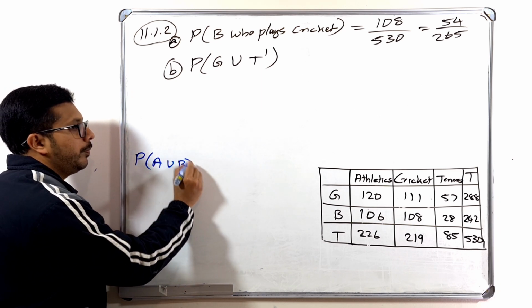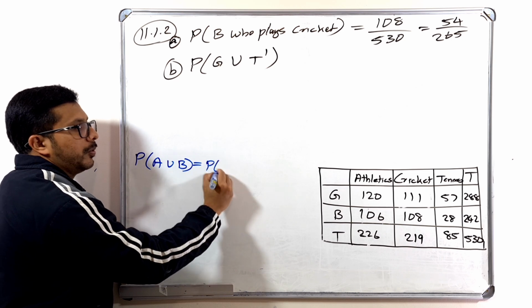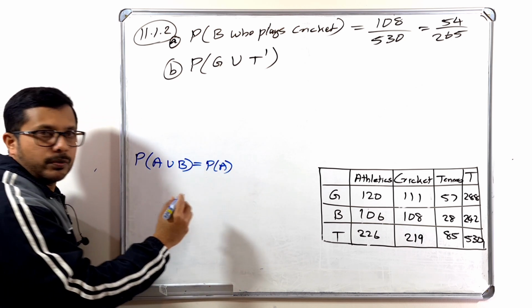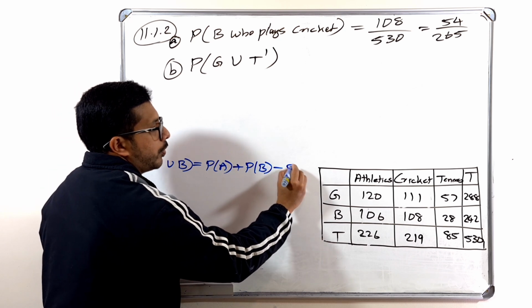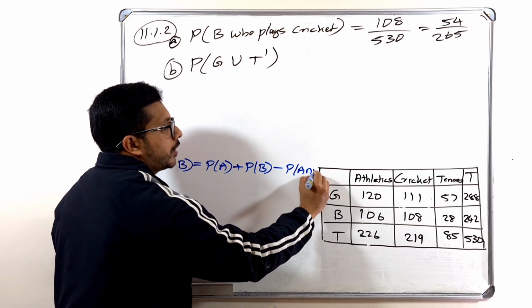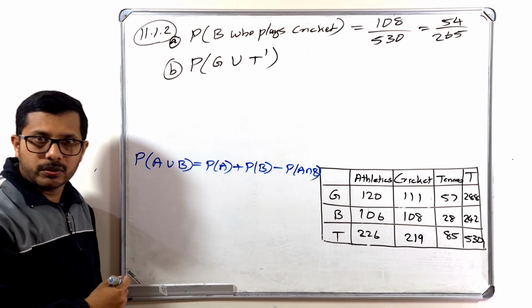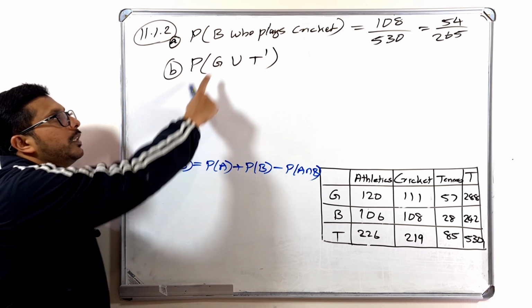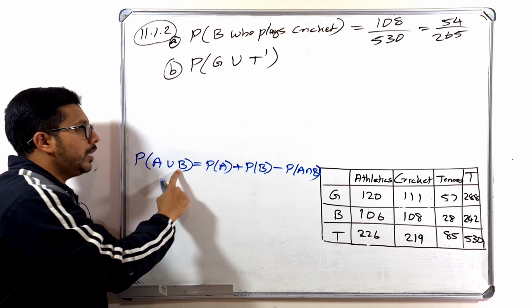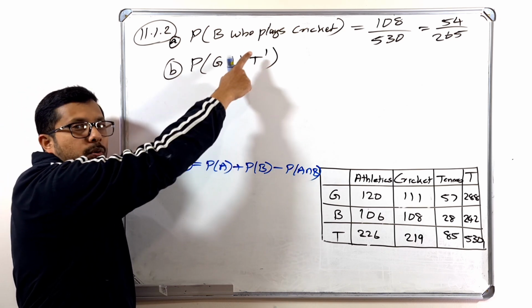Probability of A union B is equal to probability of A, you have to learn this formula by heart, plus probability of B minus probability of A intersection B. This is the addition formula. The only difference in this question is that instead of A it is G, and instead of B it is T complement.